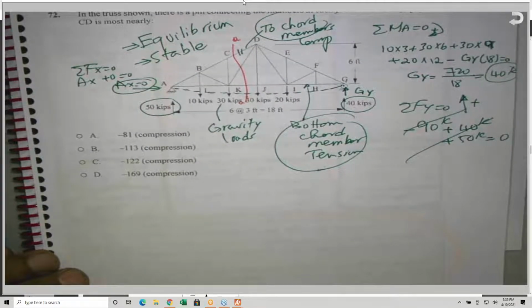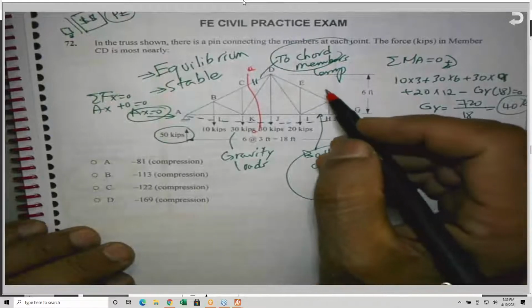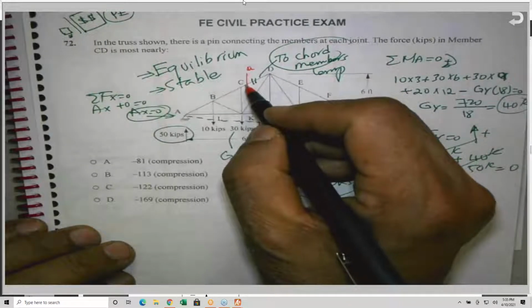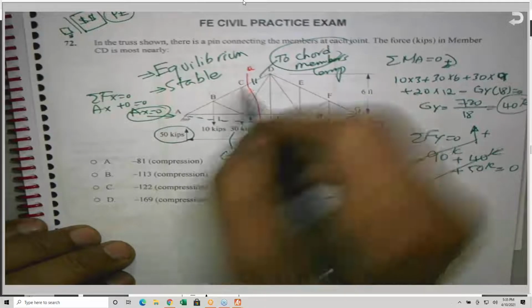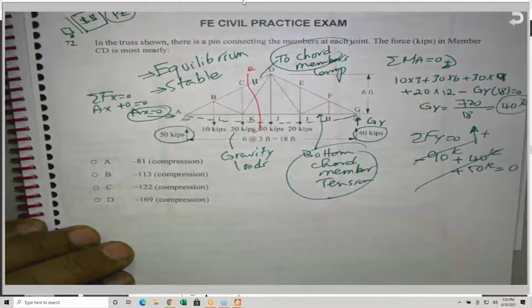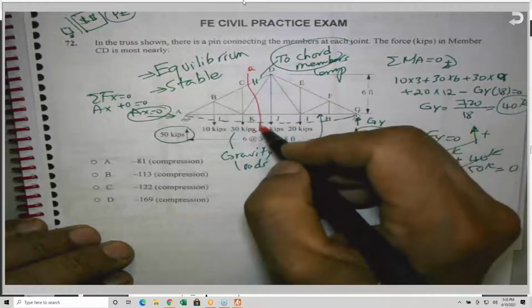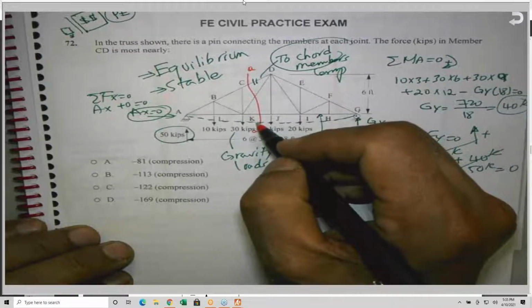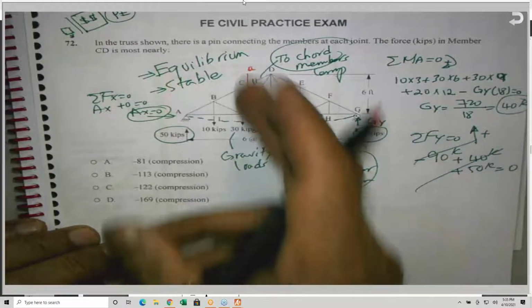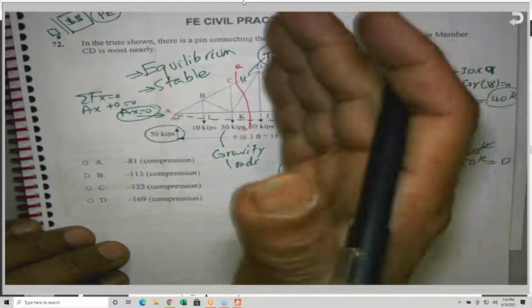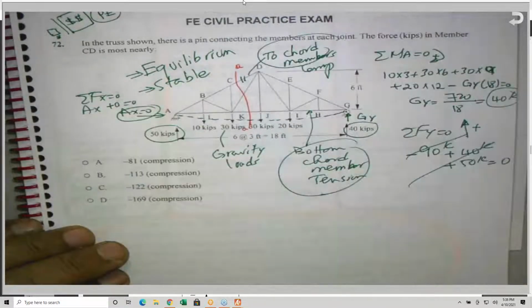I need you to remember something very important. The moment I cut a member, the internal force will show up. After I cut the truss with this imaginary cross section, like with a scissor, I need to decide: do I take the right or the left?